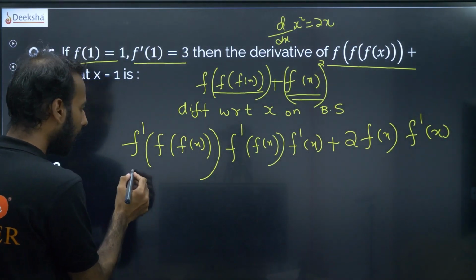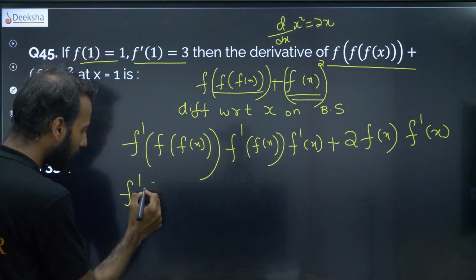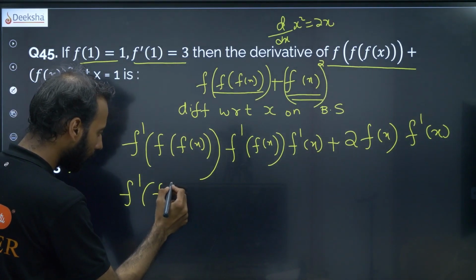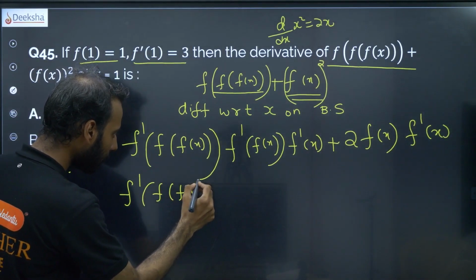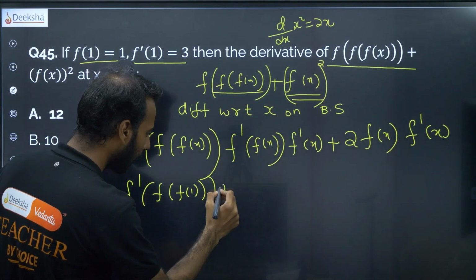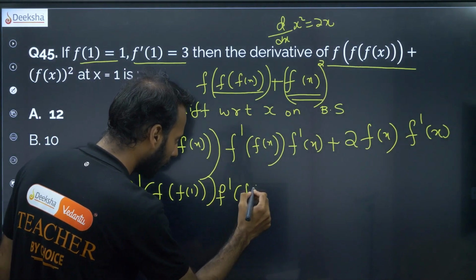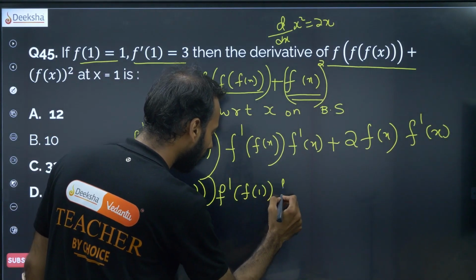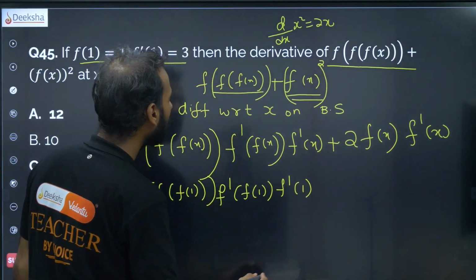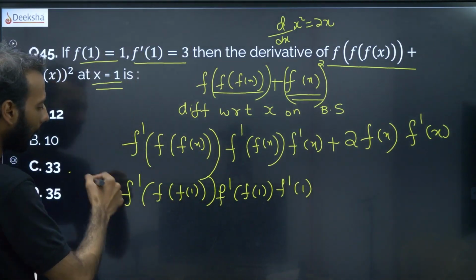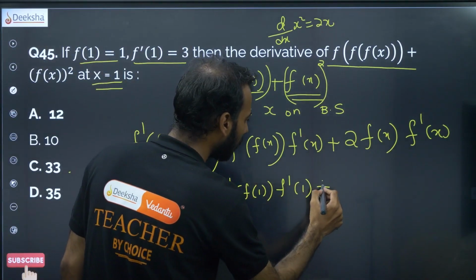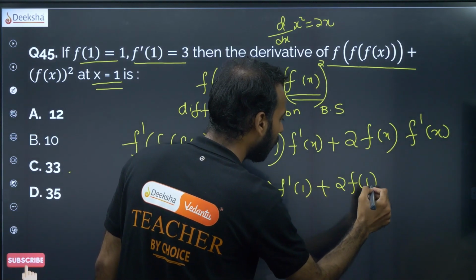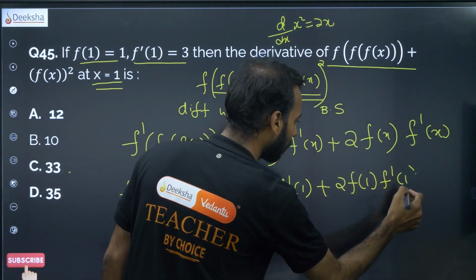Now here if I substitute, f dash of f of f dash of f of 1, f dash of 1, because they are saying at x equal to 1, I am substituting 1 plus 2 f of 1 f dash of 1.